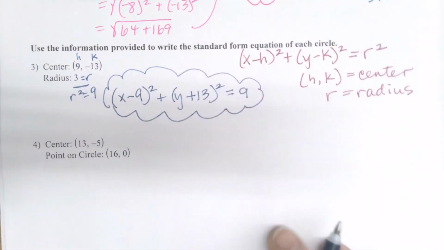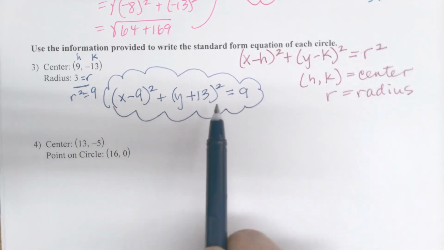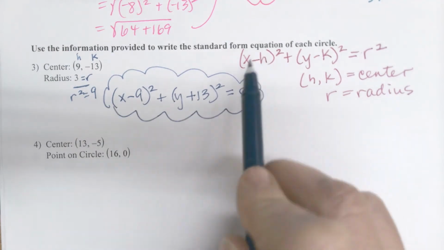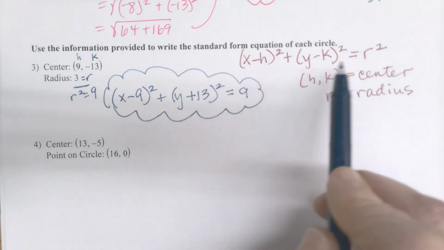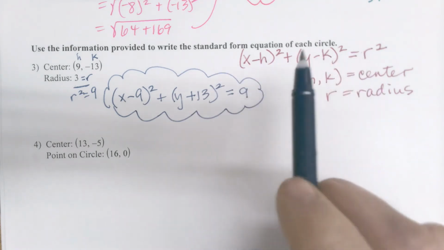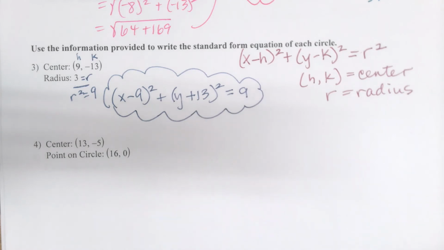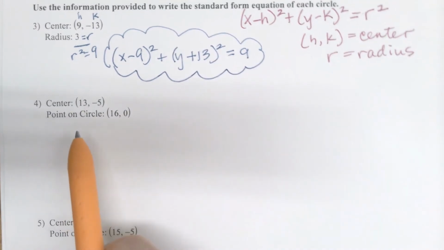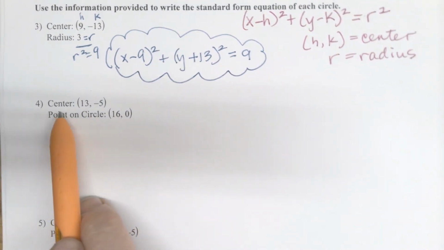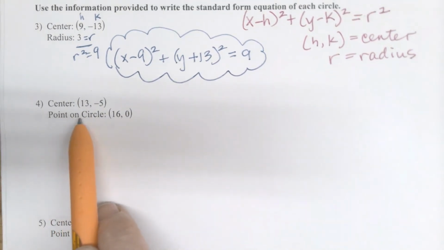It would obviously be lovely if they were all that easy, but they're not going to be all that easy. Sometimes we're going to have to do a little bit more work, but we're going to base all our work off of this equation of a circle. We're also going to have to use the midpoint formula at some point as well. So moving on to the next one, you see that's a problem where I am not given the radius, but instead I'm given the center and a point on the circle.